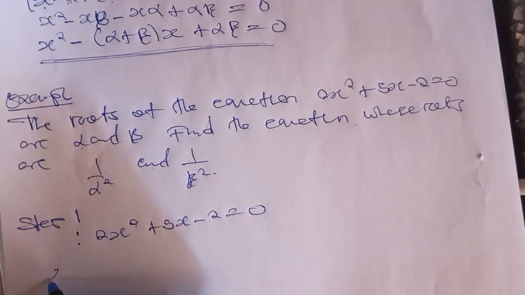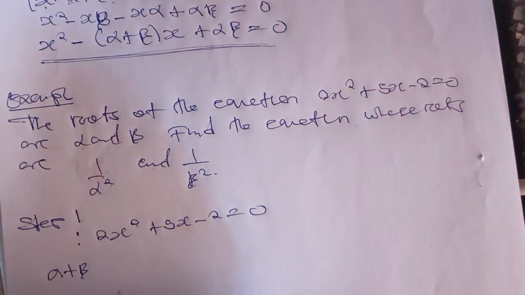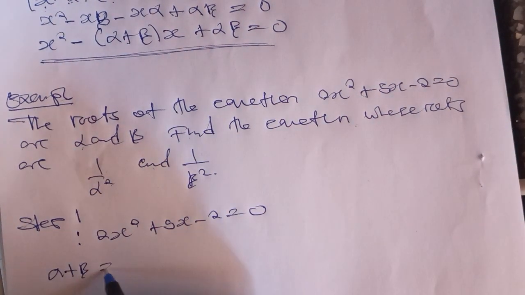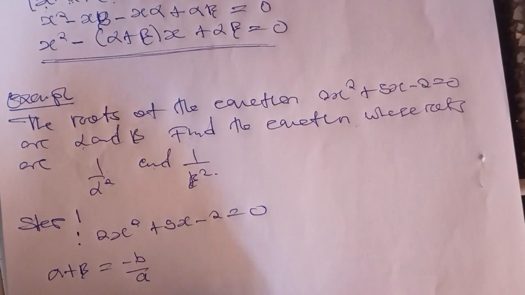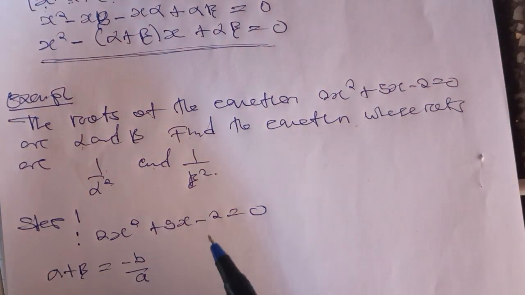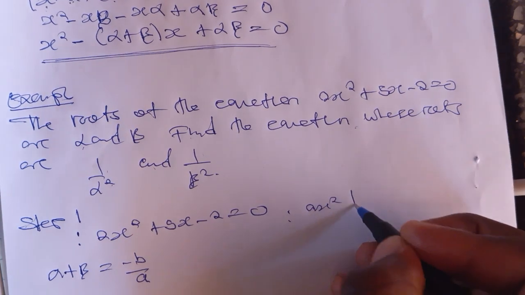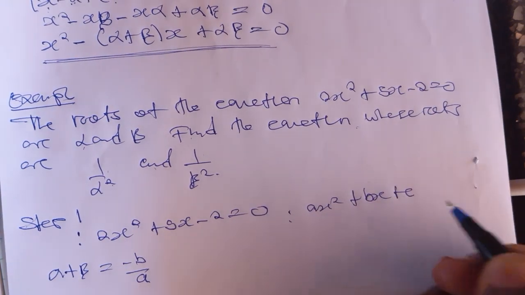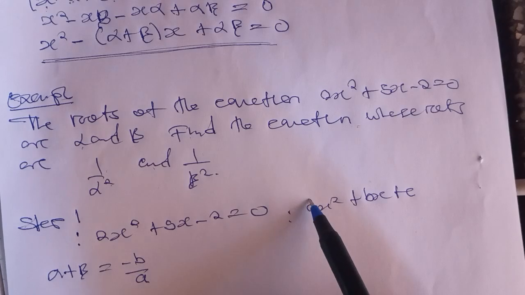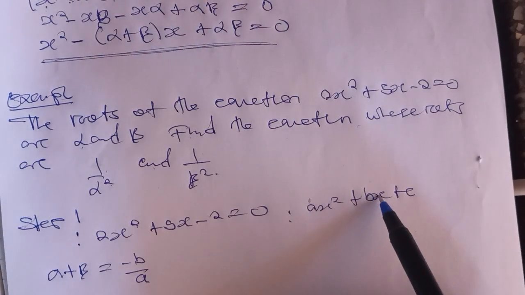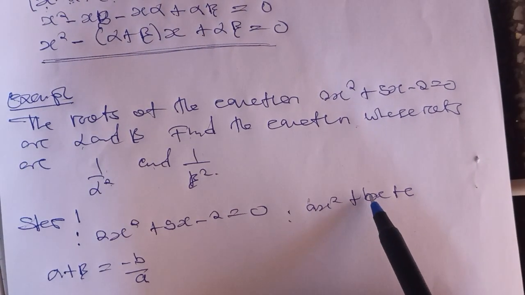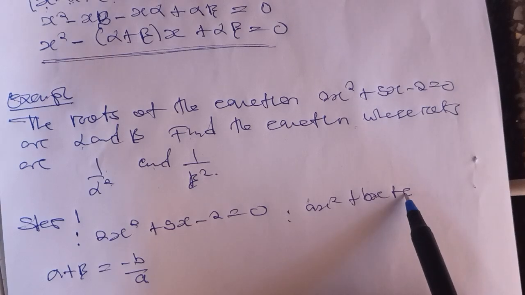So you know that the sum of the two roots, alpha and beta, should be equal to negative b over a. From what we know from this function, ax squared plus bx plus c, this one is the a, then the coefficient of the x is the b, then the constant is what we call the c.